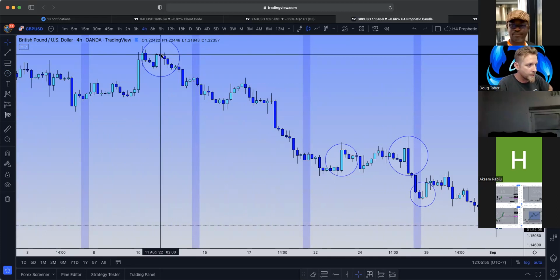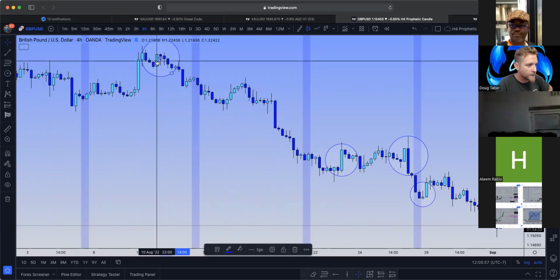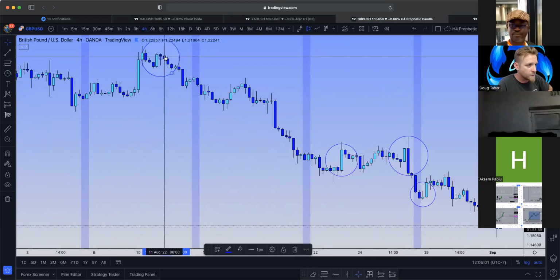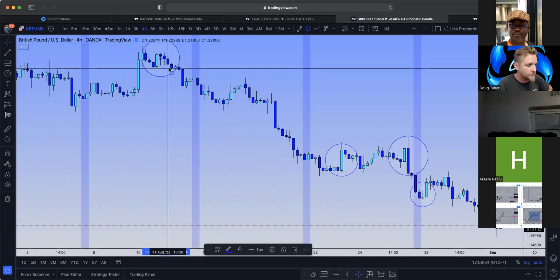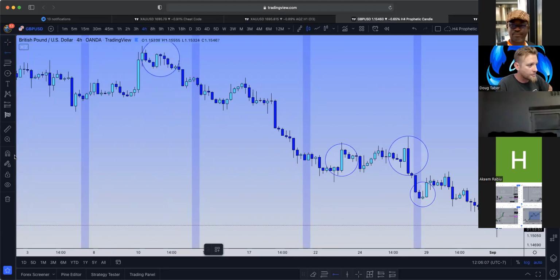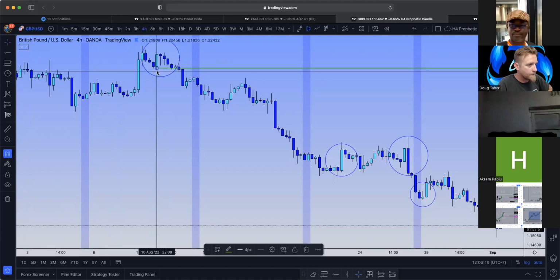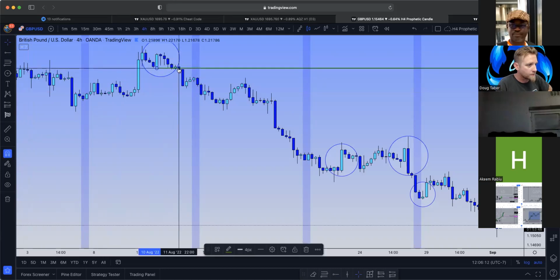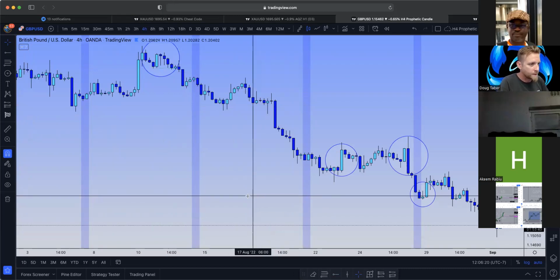The following candlestick is within the body of that first candle, and then eventually getting a break below the bottom wick of this candle here. Close that confirms an AQZ setup for me.